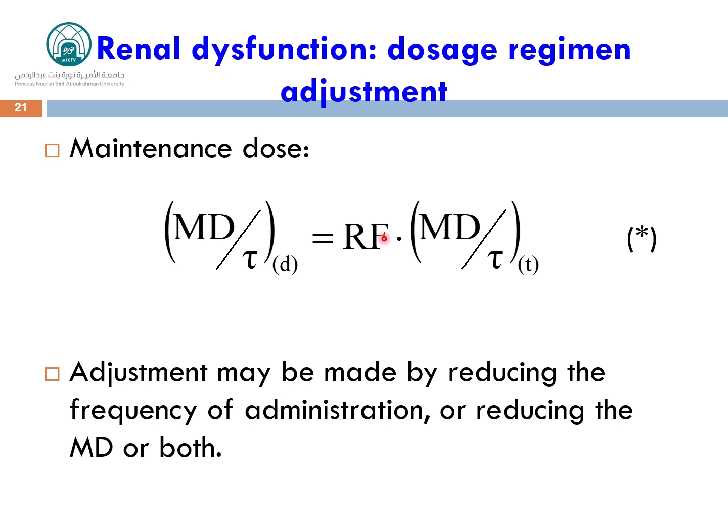Okay. The adjustment may be made by reducing the frequency of administration or even reducing the maintenance dose or both. So, reducing the frequency instead of administering the total daily dose, for example 3 times daily, divided into 3 different doses, you can administer it either as 2 divided doses or 1 single dose daily.